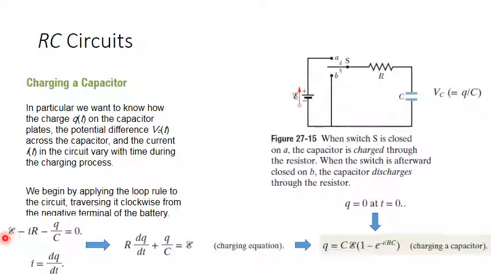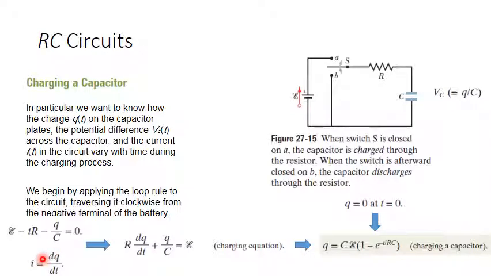So we can say that E, the potential difference of the EMF device, minus the voltage drop across the resistance, I multiplied by R, minus the voltage across the capacitor, Q over C, equals 0. This is actually Kirchhoff voltage law for this circuit. And let us remember that I, the current, is actually the rate of change of the charge with respect to the time.